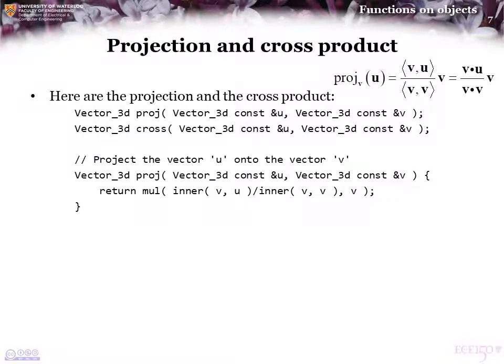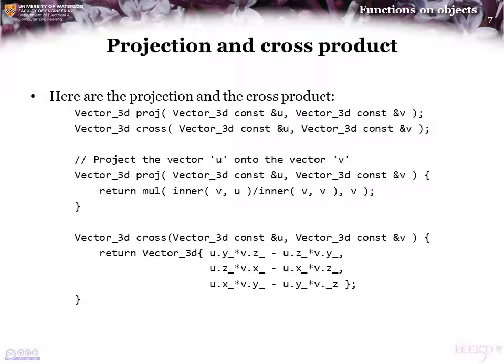So the projection can be written very simply as the multiplication of the ratio of the inner product of v and u over the inner product of v and v, and this is the first argument of a multiplication with the vector v. So the functions we have already written do all the work to calculate the projection.